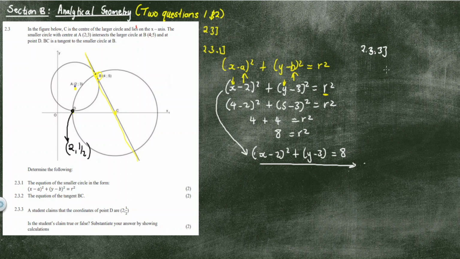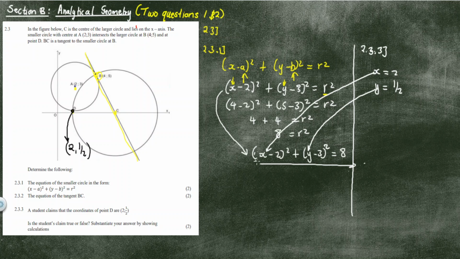Using this equation for 2.3.3, we say x is equal to 2, y is equal to a half. Oh, by the way, it's squared here. X is equal to 2, y is equal to a half. So we take y and substitute here, we take x and substitute here.